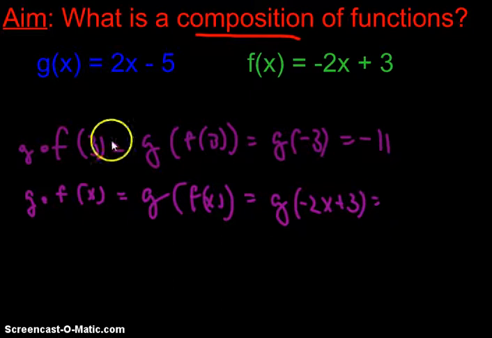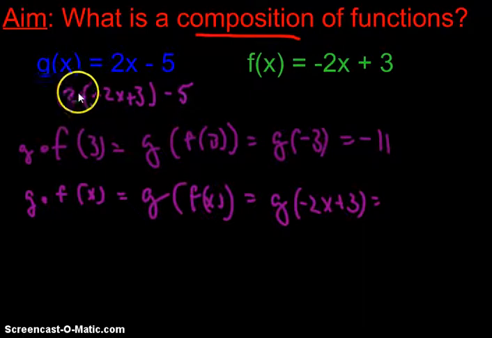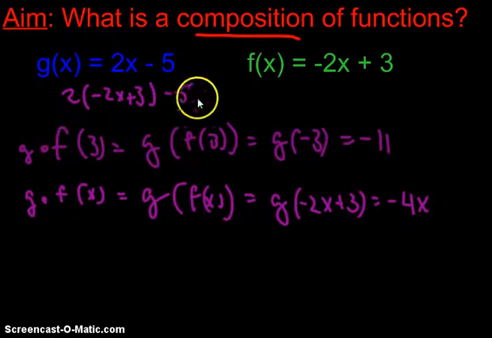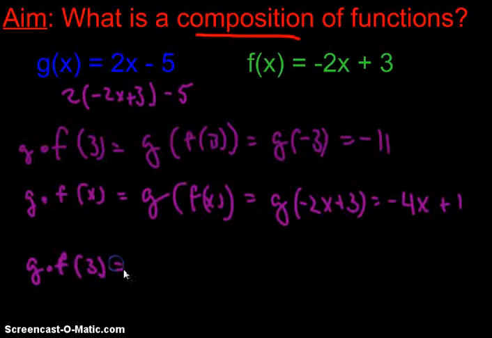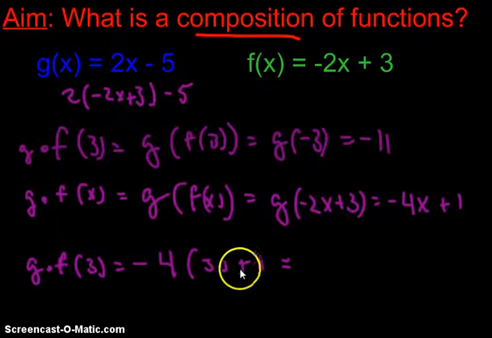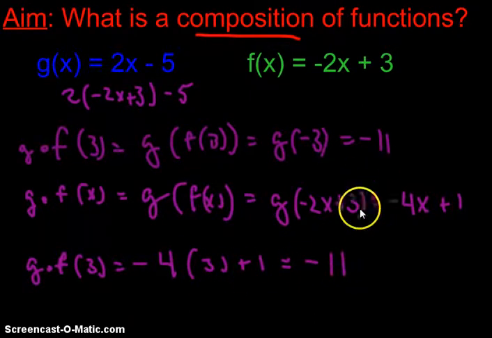To calculate what that is, we substitute that into g. So 2 times negative 2x is negative 4x, and 2 times 3 is 6. 6 minus 5 is 1. So g of f of 3 should be equal to negative 4 times 3 plus 1. That's negative 12 plus 1, which is negative 11, which it is.